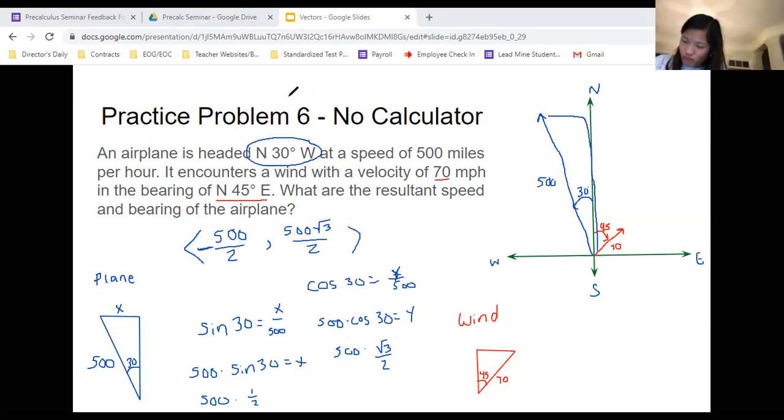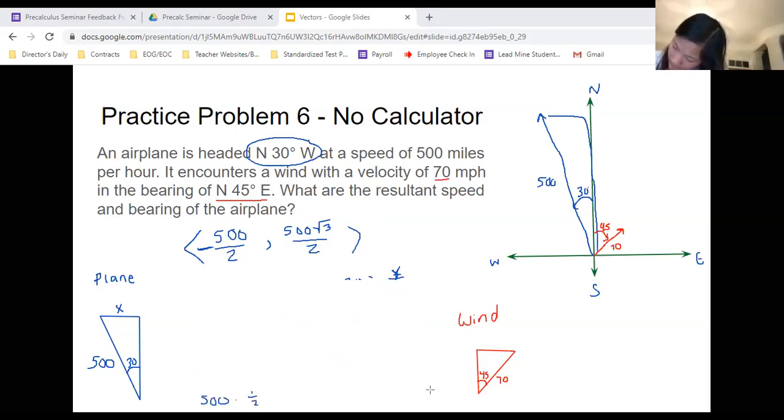Alrighty. Now I'm going to solve my wind, and I'm going to clear out this work that we did. So for my wind, again, I've got my hypotenuse of 70 and this 45.